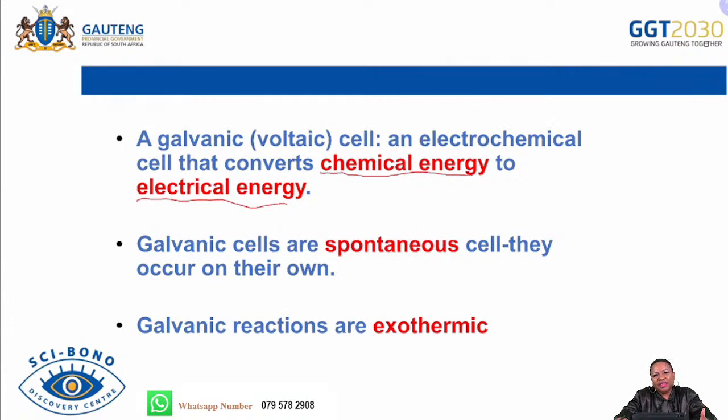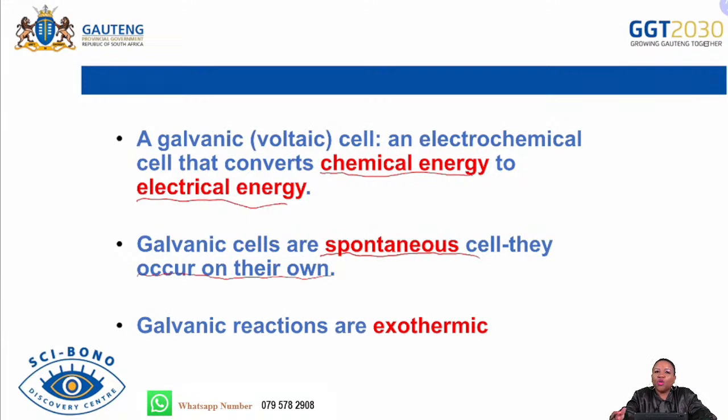It is very important that the energy form part of your definition, because that is the energy conversion, that is the energy that is converted. We will also know that these galvanic cells are spontaneous cells. They undergo spontaneous reactions. What do you mean by a spontaneous reaction? The reaction occurs on its own, meaning that we don't need to add energy for these reactions to occur.